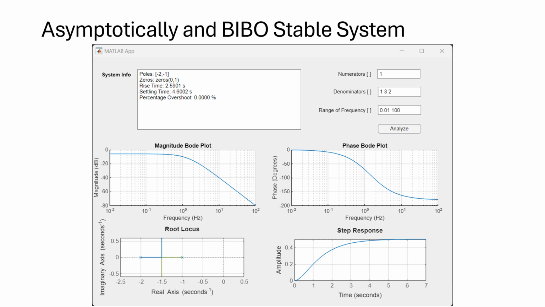Now, to see that my GUI has done the calculations correctly, we could take a look at the system info box that gives us our poles and compare that to the root locus plot. And we can see that they have both the same poles, where we have a dot on -2 and a dot on -1, which is the same as what it was given in the system info.